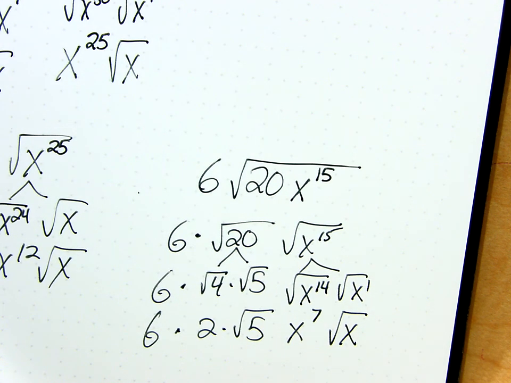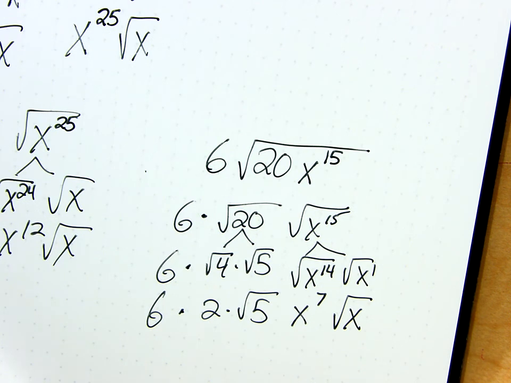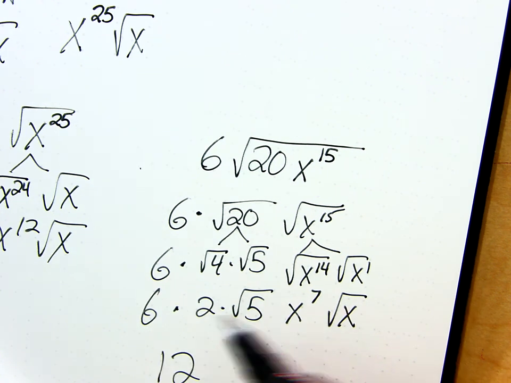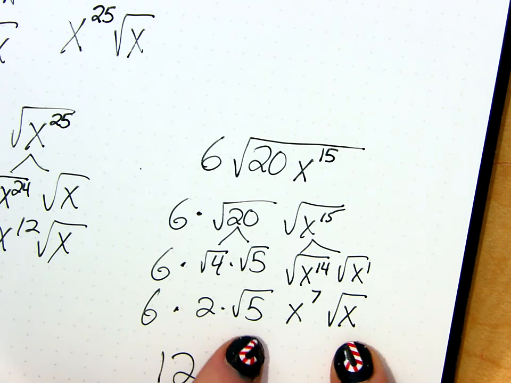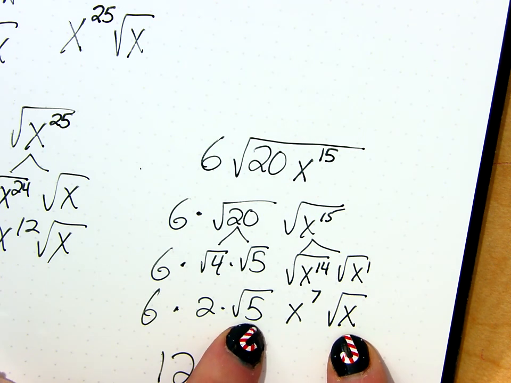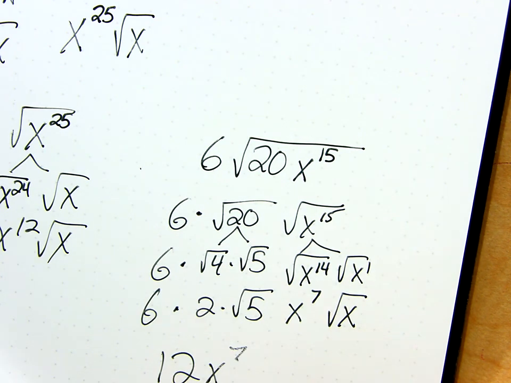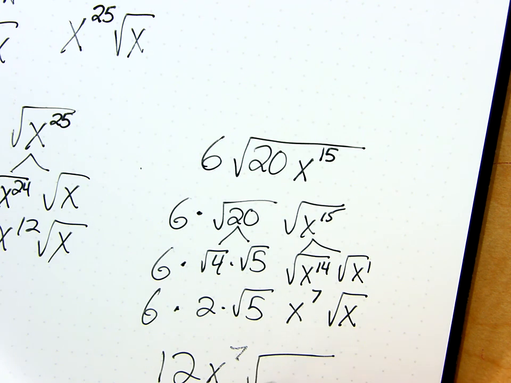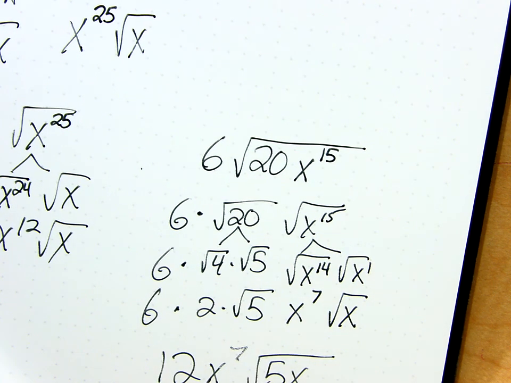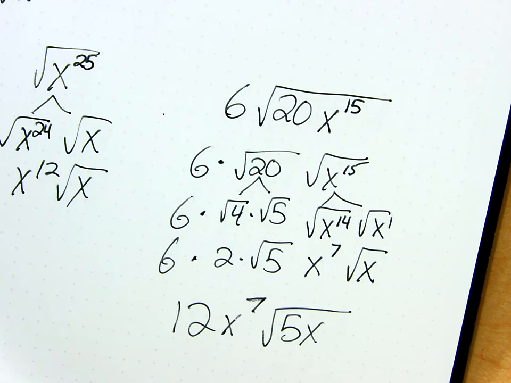So now to write this answer, I'm going to multiply all my numbers not in a square root together, so I would just get 12. Then I have the x to the 7th, and then since I have both of these that are under a square root, you just put one square root and they both go underneath it. That's it.